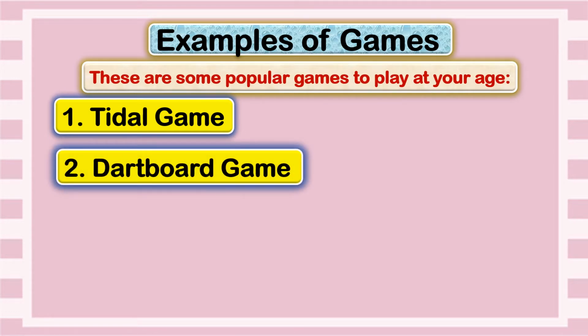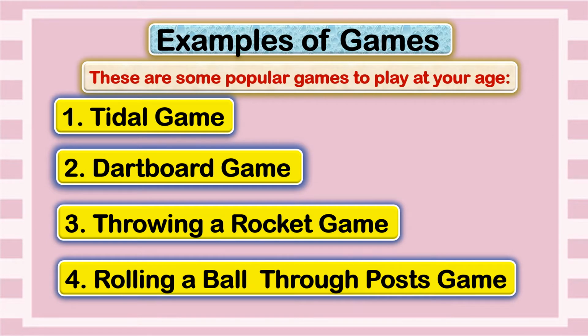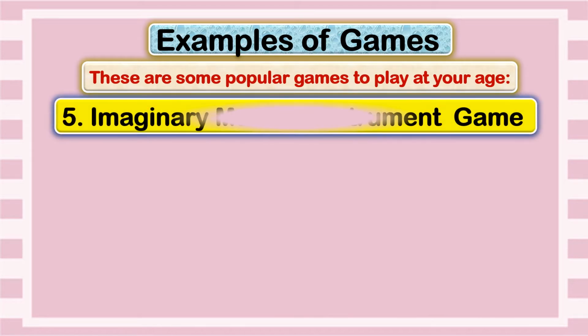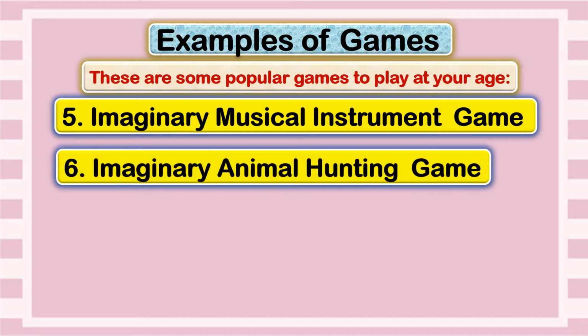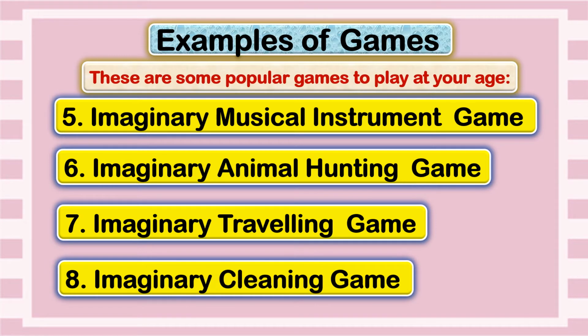We also have the dartboard game, the throwing a racket game, and the fourth one is the rolling a ball through posts game. Another one we have is the imaginary musical instrument game, the imaginary animal hunting game, the imaginary traveling game, and the last one here is the imaginary cleaning game.